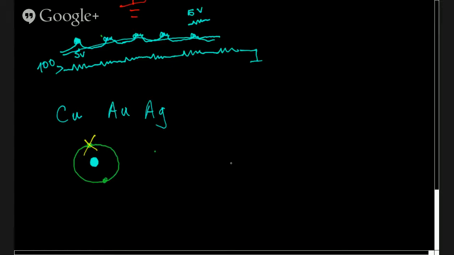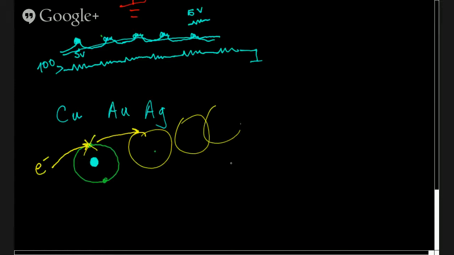We have a hole for another electron to come along, a free electron, and go woo. There I am. And if there's another hydrogen atom next to it with its electrons blown off, there's another one. And we can hop on through all our conductors. Atom, atom, atom, so on and so forth.